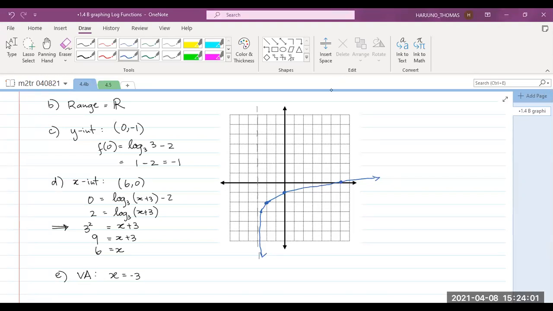Oh, originally, yeah, originally that coordinate was here: (1/3, -1). Now if you move it 3 units to the left and 2 units down, it will give you that coordinate. Now, you may wonder, where did I get that (1/3, -1)?